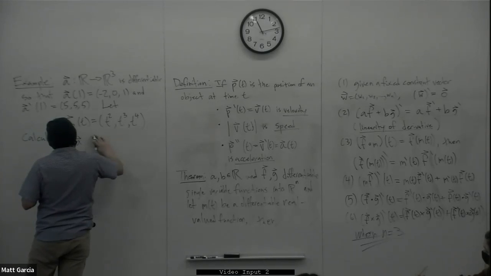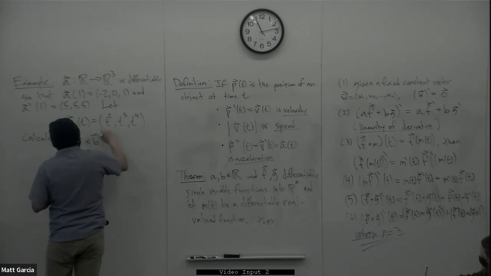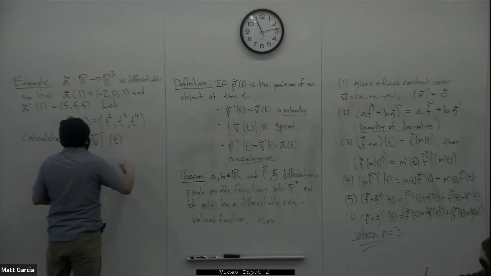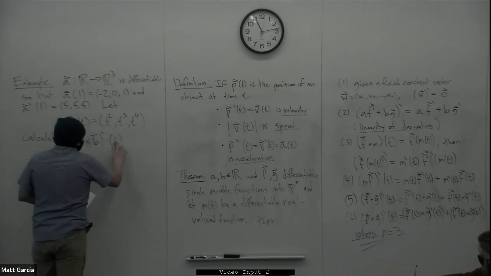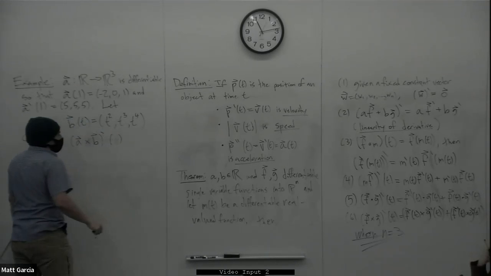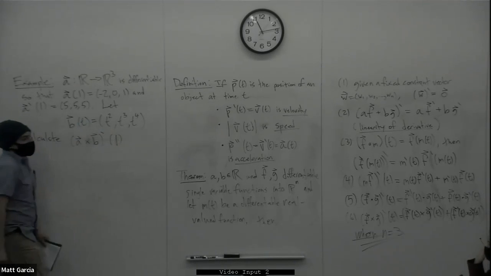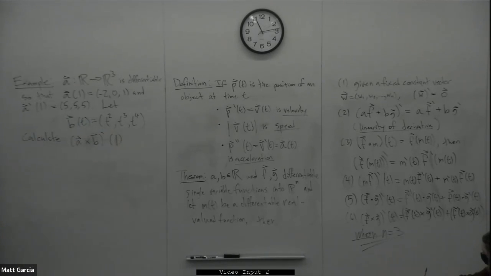Oh, sorry, our standard notation for this is a hat cross b hat prime of t. You don't have enough information to calculate that for t, so evaluate this derivative at 1. That's what I meant to say. Sorry.